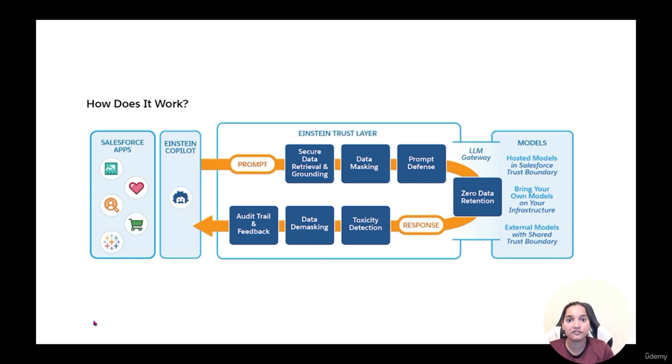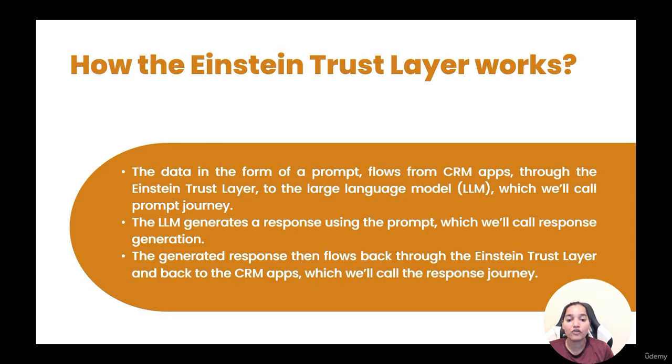Now let's look at the definition here. The data in the form of a prompt flows from CRM apps through the Einstein trust layer to the large language model, which we will call the prompt journey. So the path of the prompt before it reaches the large language model, going through certain steps in the trust layer, is called the prompt journey.